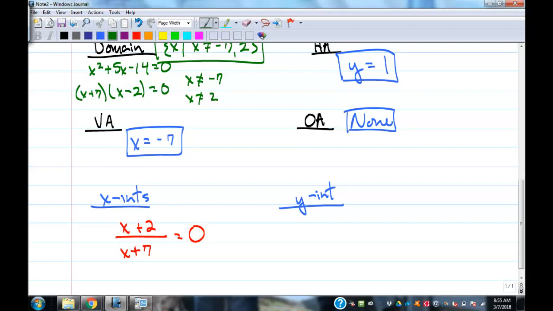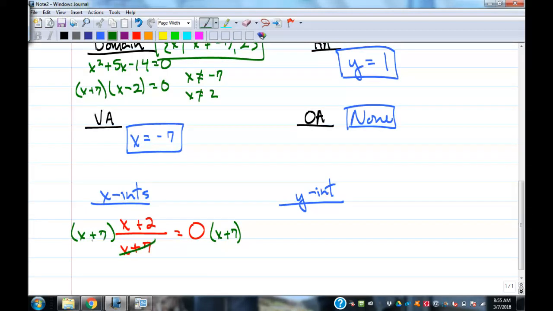How do we solve that? Yeah, it's multiplying by x plus 7 to get it out of the denominator. And what's 0 times x plus 7? X plus 2 equals 0. So that means our x-intercept is at -2. So our x-intercept is at -2, 0. That's what we get out of that, okay?